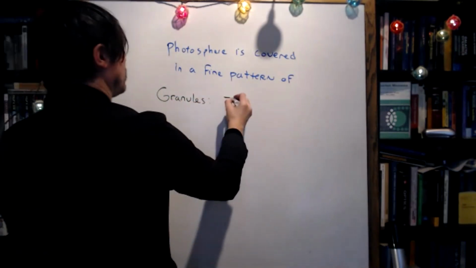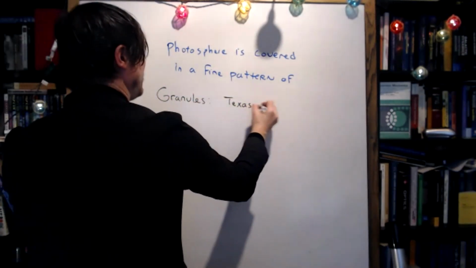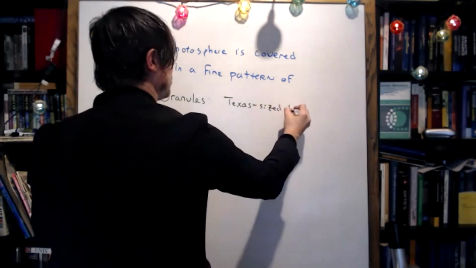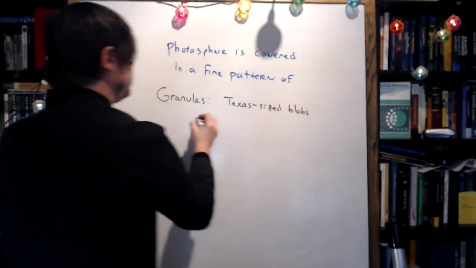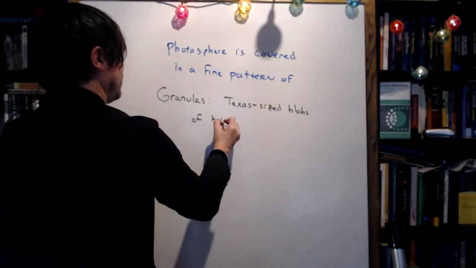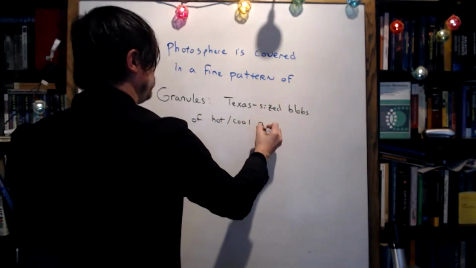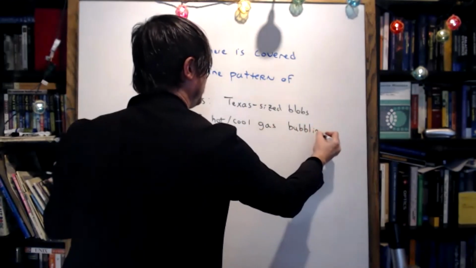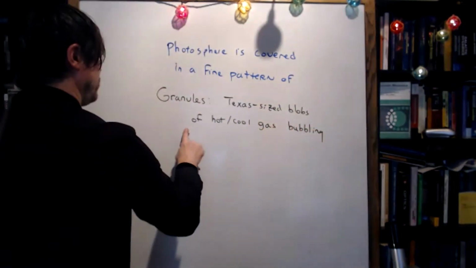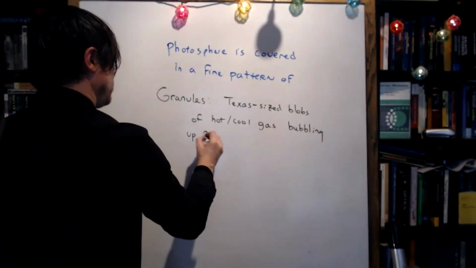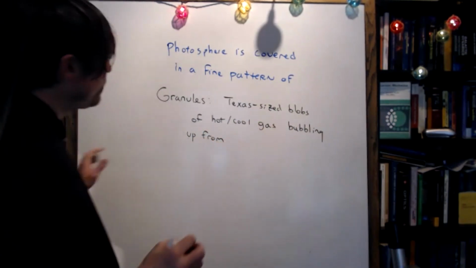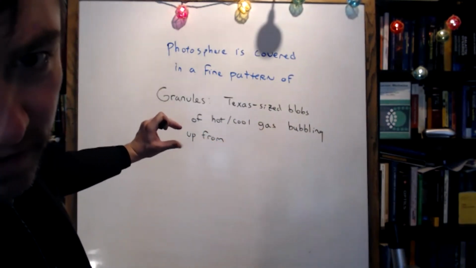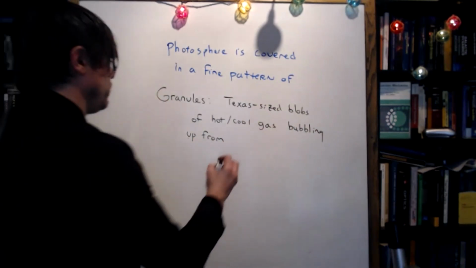And the granules are like Texas-sized blobs of hot and cool gas that are bubbling up from the layer which is below the photosphere, which is called the convection zone.